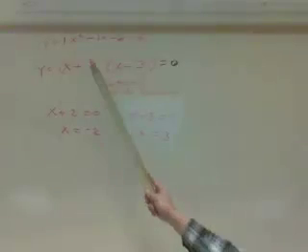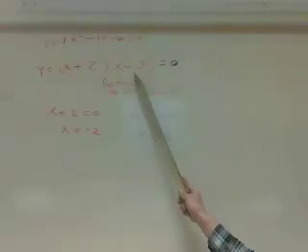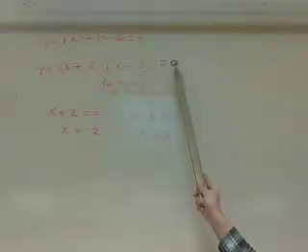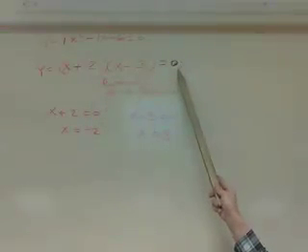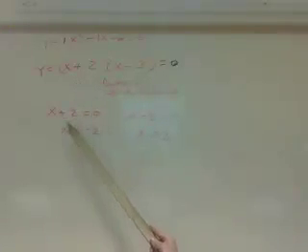That means that either this thing or this thing, x minus 3, has to be equal to 0. 0 times anything, or anything times 0, is going to be 0. So what we do is we set these factors equal to 0 and solve them.